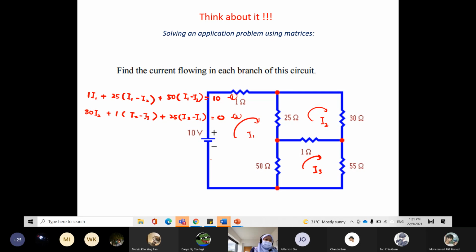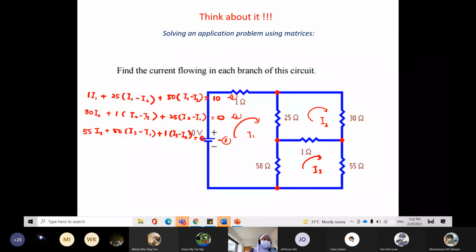Okay, we look at the third equation. Equal to 0, correct or not? So equal to 0. So from here you have 3 equations.